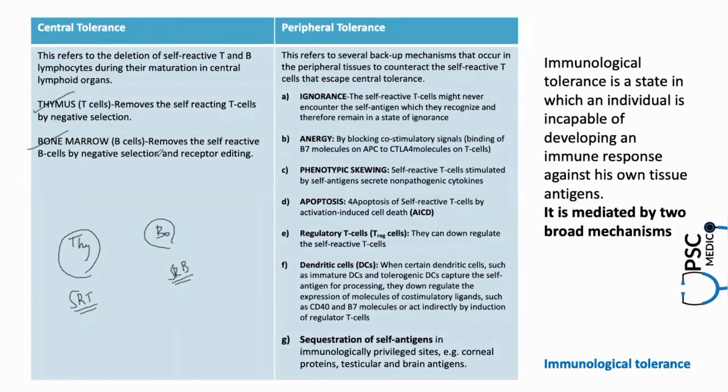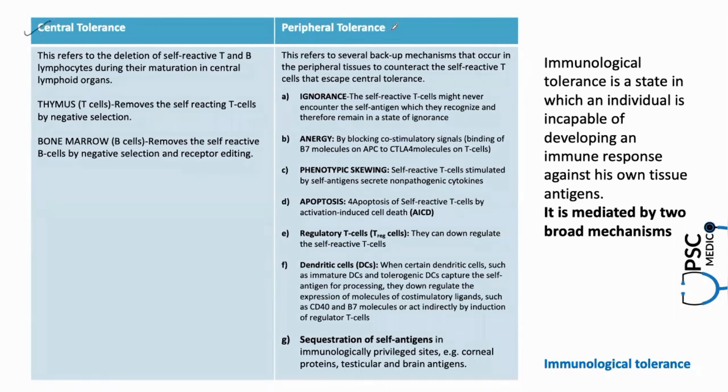They remove these self-reacting cells either by negative selection, that means they only select the non-self reactive ones, or sometimes by receptor editing, so that self-reactive cells are made non-self reactive again. These are the two mechanisms. Let's not go into the details of how this happens; it's not important. But from the exam point of view, for central tolerance, know where it occurs and the mechanisms: one is negative selection and the other is receptor editing. This concludes central tolerance.